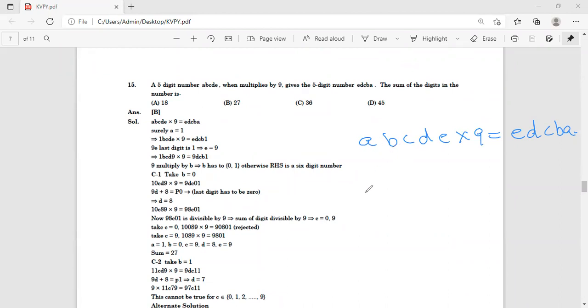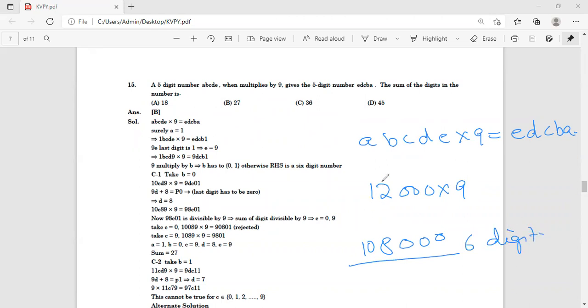So first you observe, if you multiply 12,000 by 9, what happens? It becomes a 6-digit number. So this number remains a 5-digit number, so it has to be less than 11,000, right?